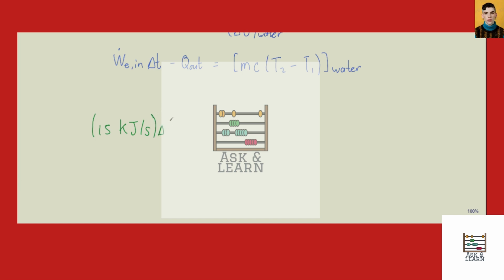And that's multiplied by the time that the heater will run for, delta T, minus the heat loss or the heat transfer out of the house to be 50,000 kilojoules every hour, multiplied by a total of 10 hours.